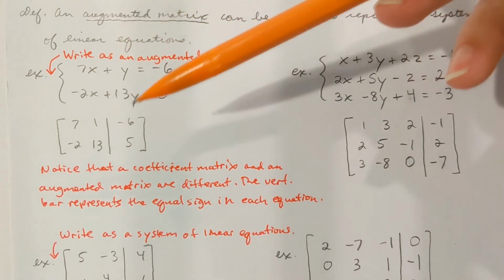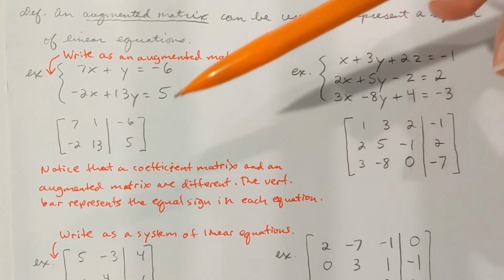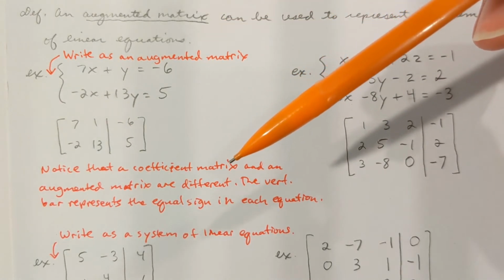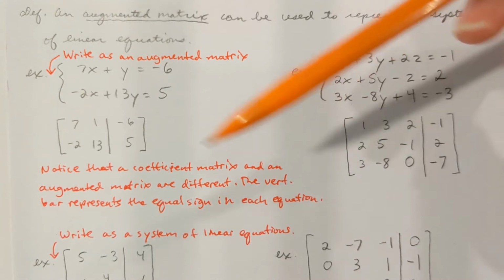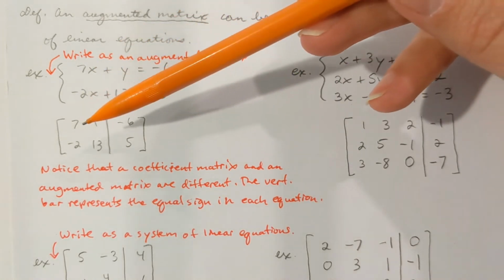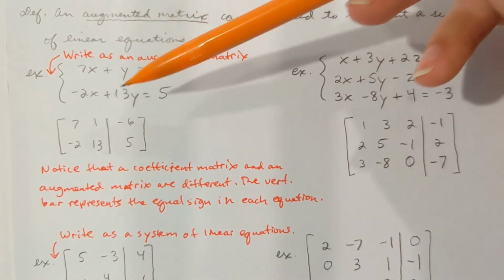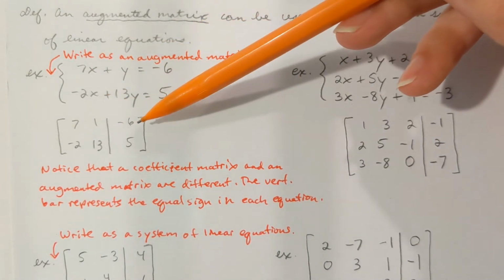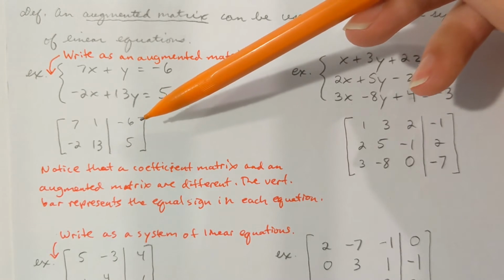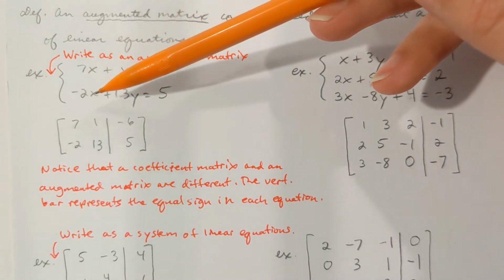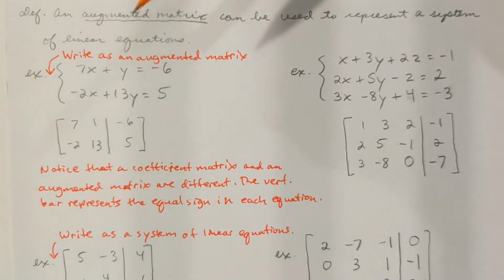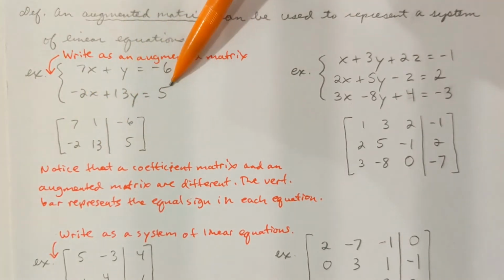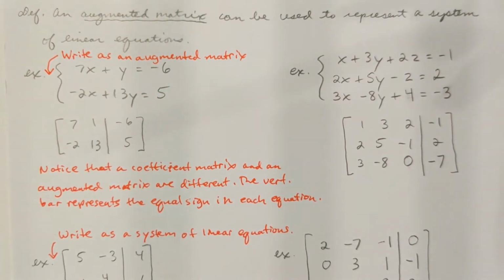Here I've got 2 equations, so I'm going to have 2 rows. The columns are represented by the coefficients in front of each of the variables. In the first row, I've got a 7 in front of x, a 1 in front of y, and then a -6 in what's called the coefficient column. In the second row, I've got a -2 in front of x, a 13 in front of y, and then a 5 in the coefficient column.